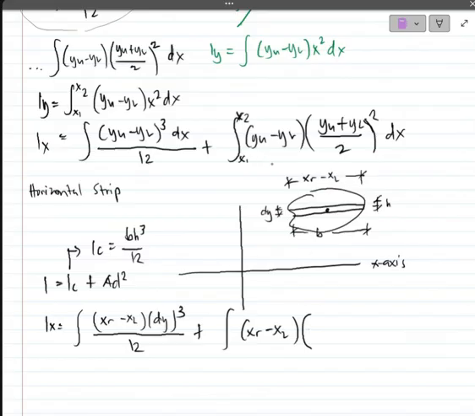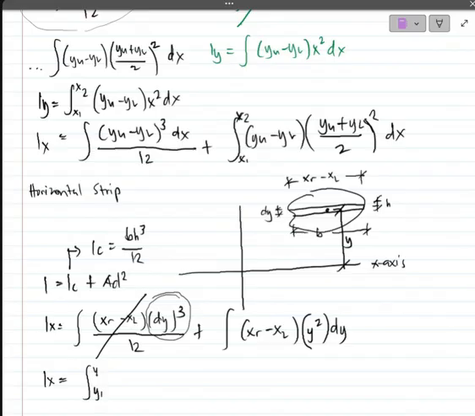Our distance from the center to the axis about which we take the moment of inertia, which is the x-axis, is always y. So therefore, this is y squared dy. Same with the vertical strip, this portion is very, very small to the extent that it is negligible. So we will have Ix equal to the integral from y1 to y2 of x right minus x left, y squared dy.